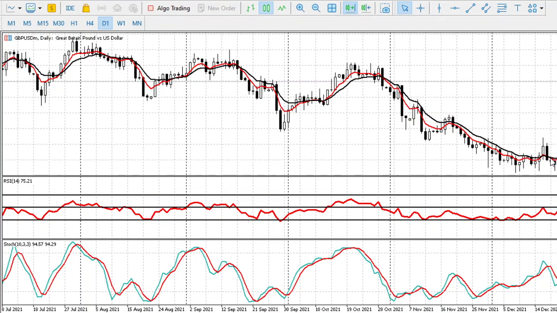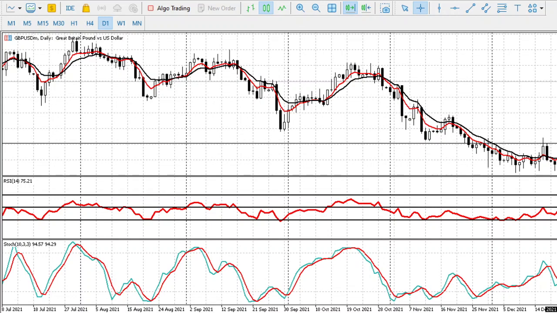So in our last example, as you can see, the moving average crossed, the RSI crossed back above the period 50, and also the stochastics are facing up. So that's a valid buy entry. As you can see, we can enter after the close of this candle.